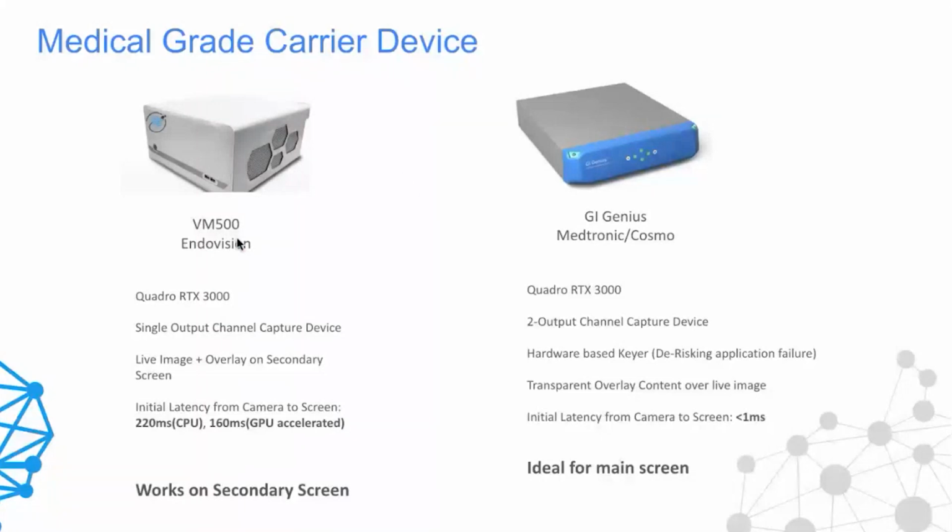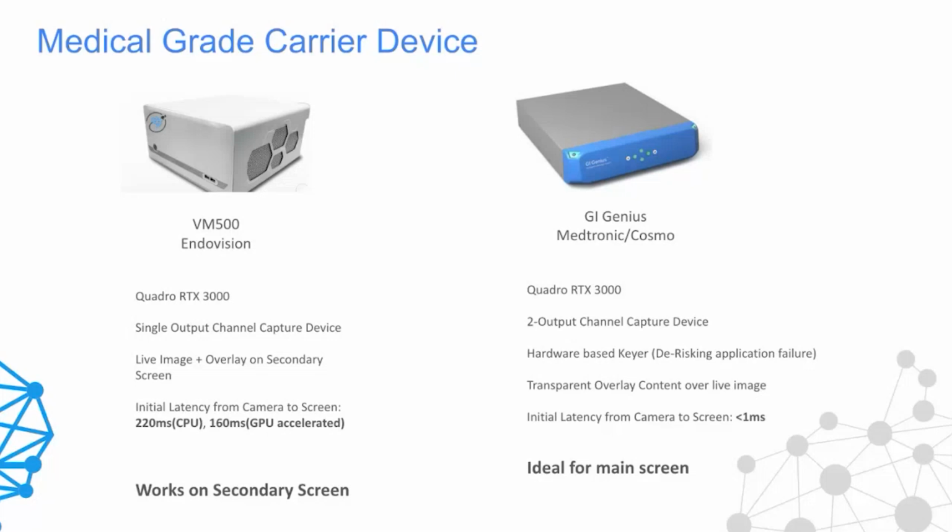Ours is VM500. This is a Quadro RTX 3000 series GPU. It has a single output channel capture device, so both live image and the overlay are shown on the secondary screen because of the limited capabilities of the capture device.